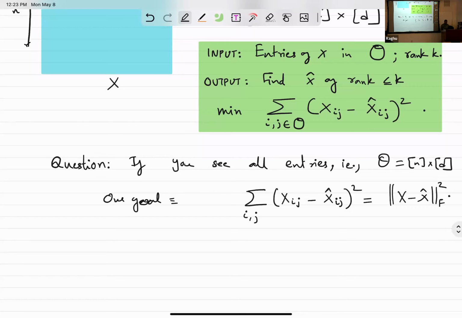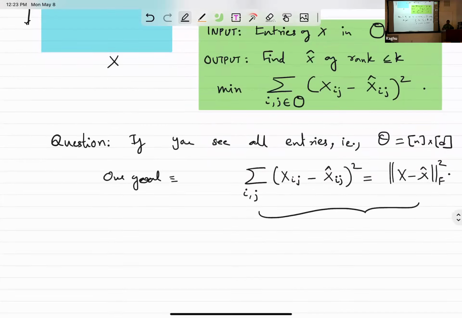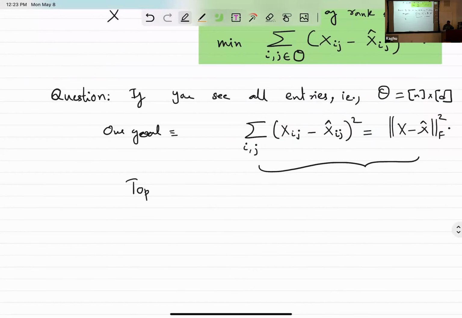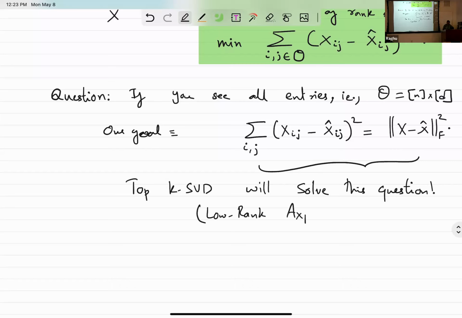Right? What solves this problem? SVD, right? The top K SVD solves this low rank approximation question. Okay. So top K SVD will solve this question.